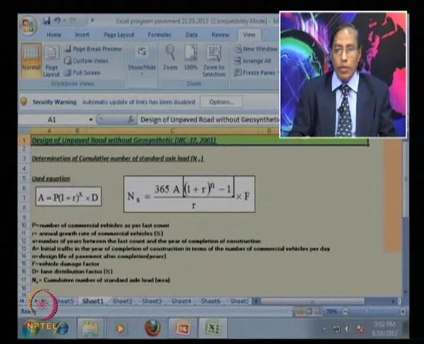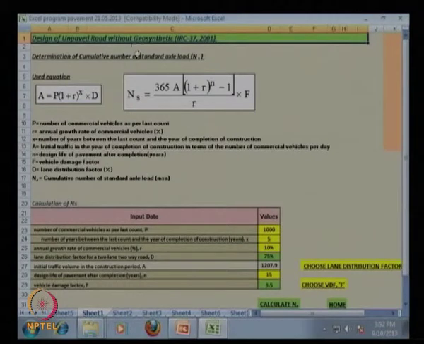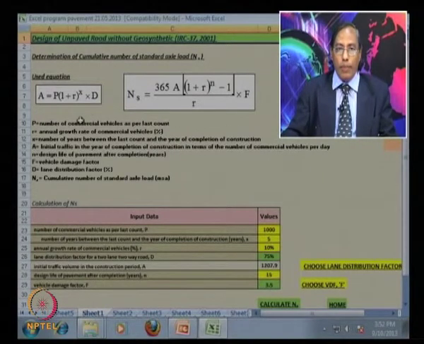We use this equation: A is equal to P(1 plus r) to the power x into D, and Ns is equal to 365 A ((1 plus r) to the power n minus 1) by r into F. So here we want to calculate what is A, and also what will be Ns. Now, for A we require P, r, x and D.